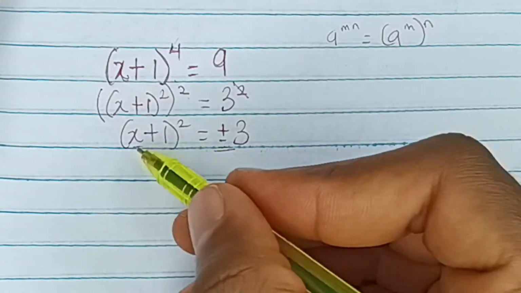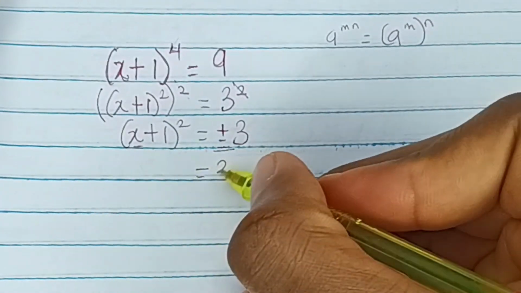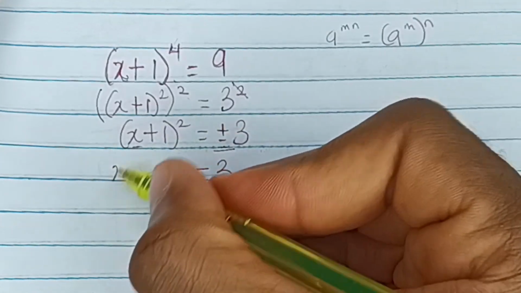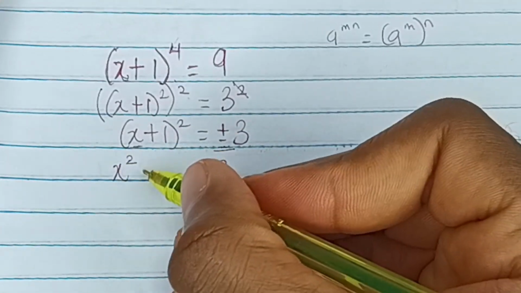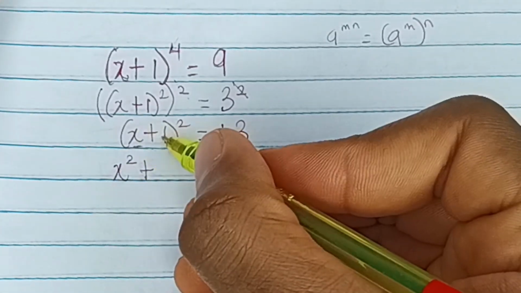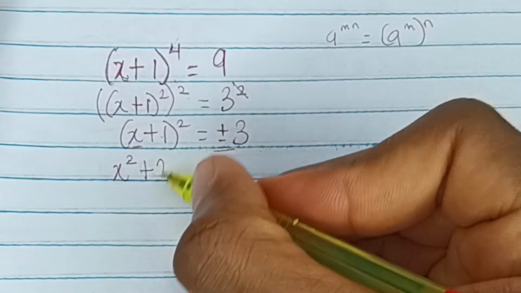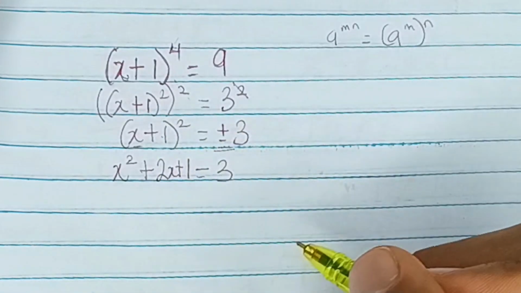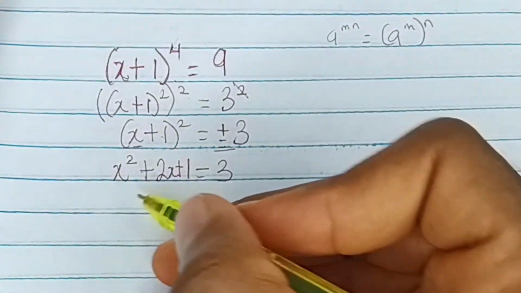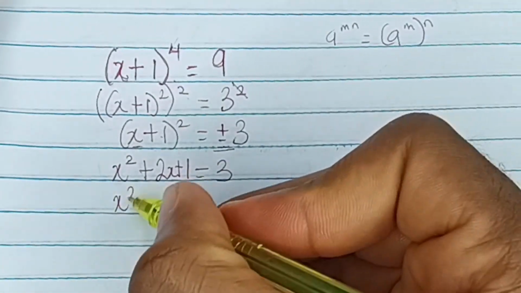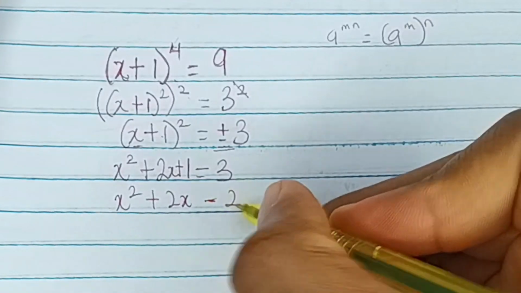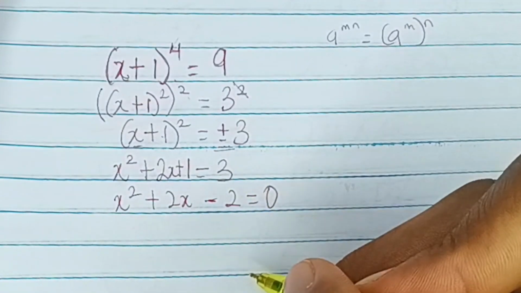So positive is the first one we do, so equate to positive first. x times x, x raised to the power 2, is what we have first, plus this times this: x times 2 is 2x, plus 1 squared is 1. And then crossing this over will make this x squared plus 2x minus 2 equal to 0.